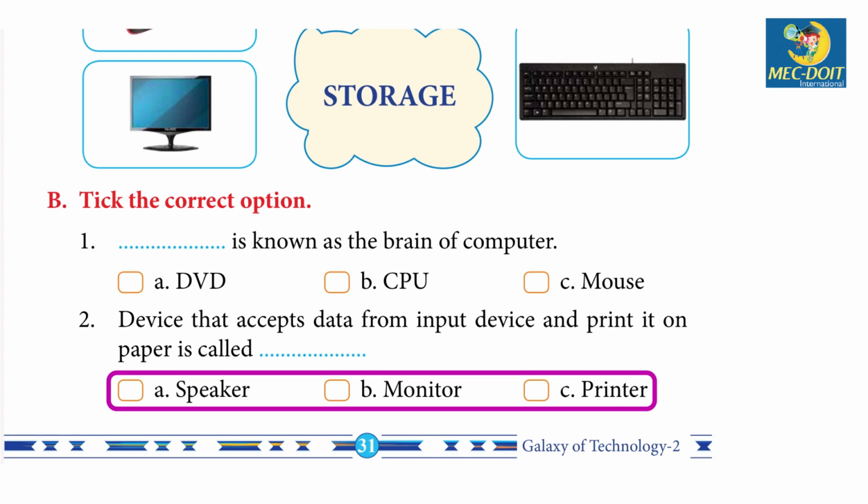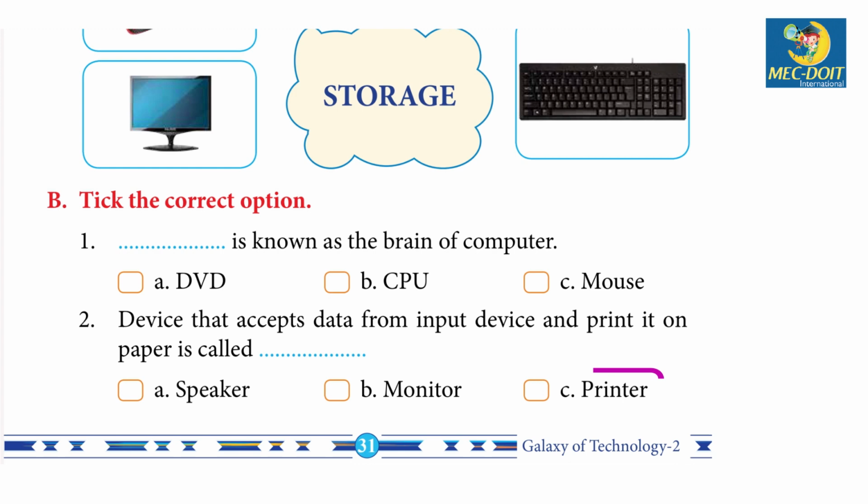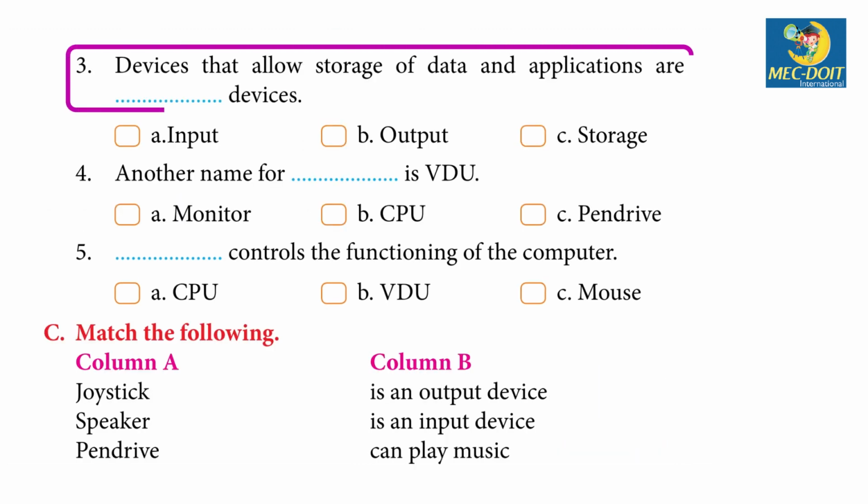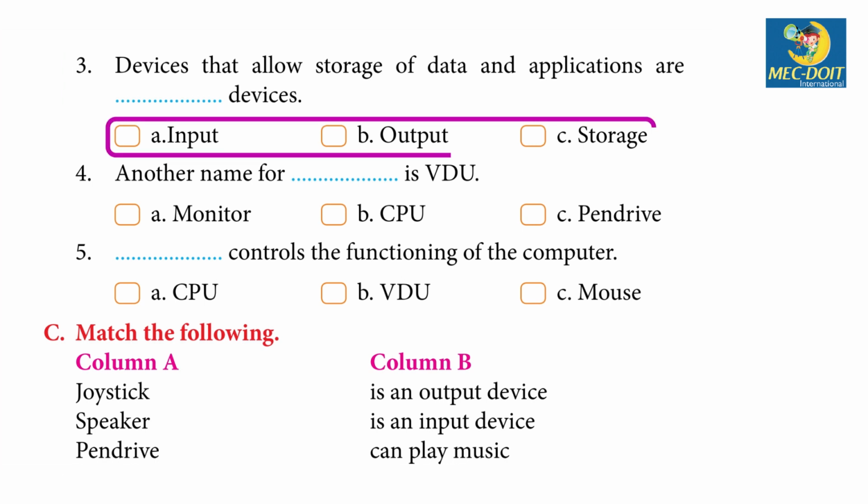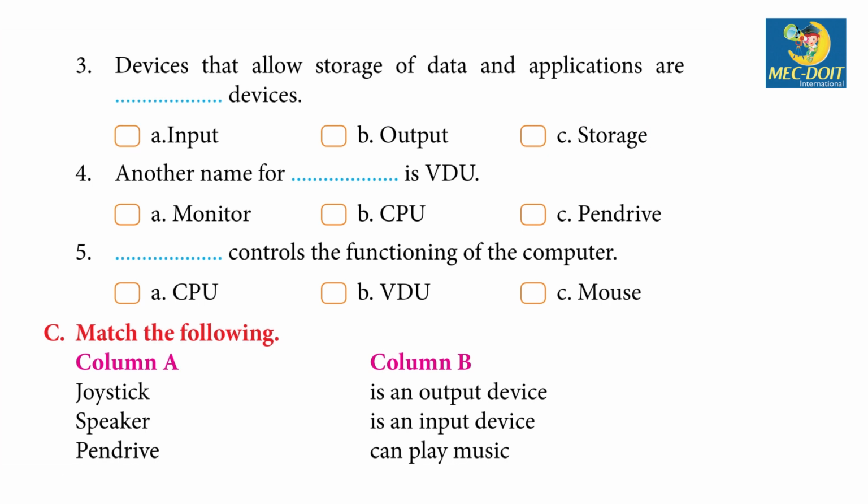B. Monitor. C. Printer. Answer C. Printer. 3. Devices that allow storage of data and applications are dash devices. A. Input. B. Output. C. Storage. Answer C. Storage.